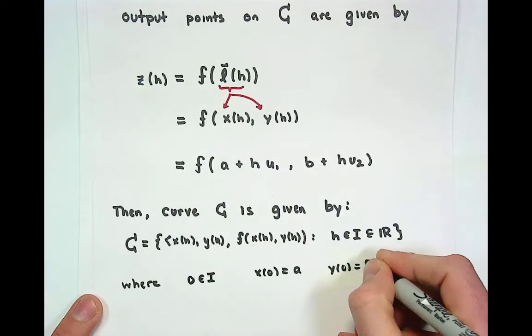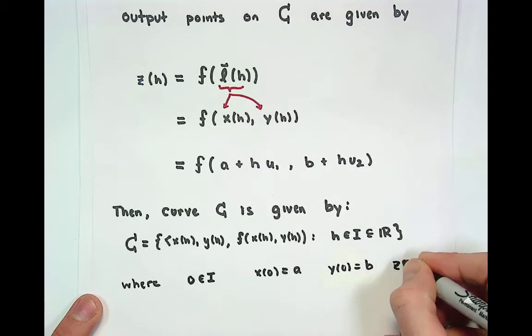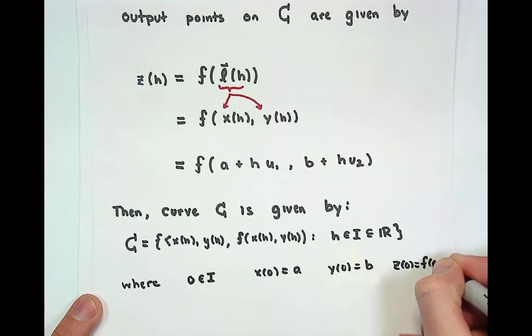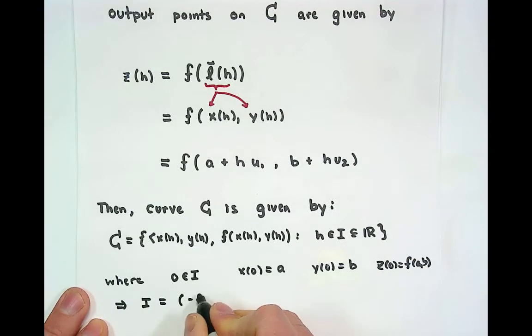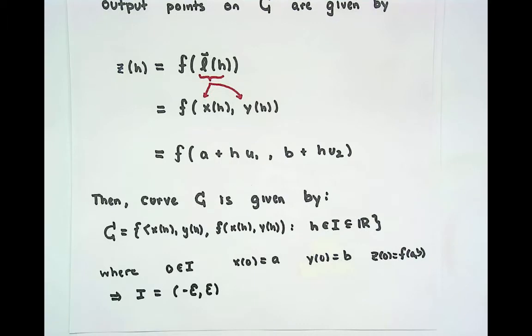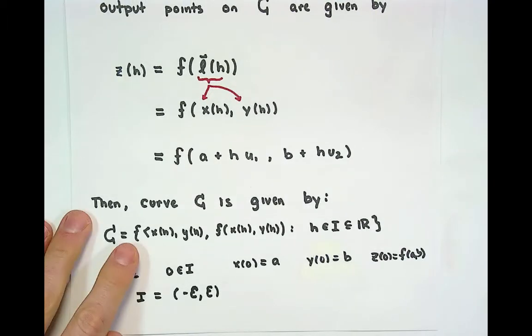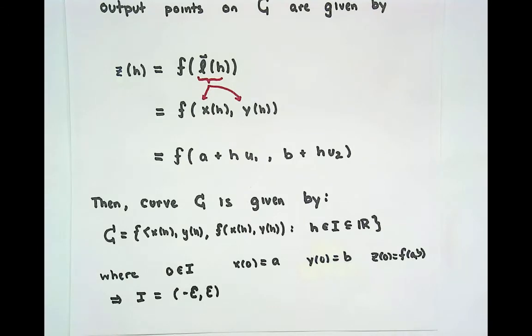Y of 0 is B, and then z of 0 is f of AB. And so in general, you might say that your interval is centered around 0, and maybe you go epsilon in the negative direction and epsilon in the positive direction, where epsilon is chosen appropriately for the limit. Hint, hint, hint. But anyways, you have this curve along your surface.